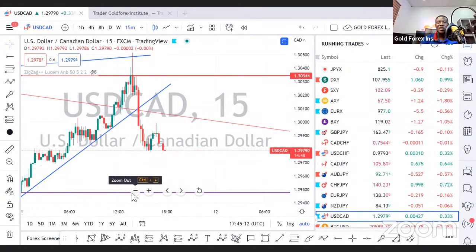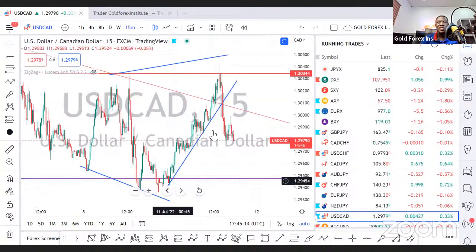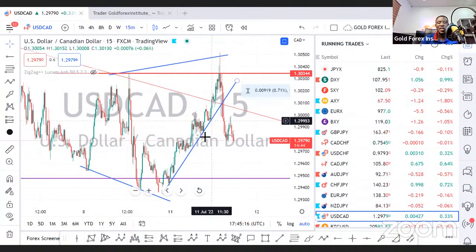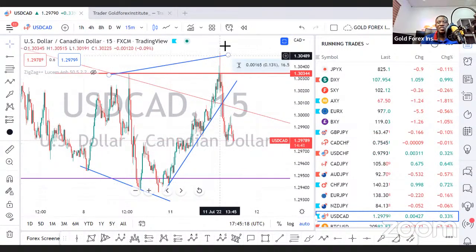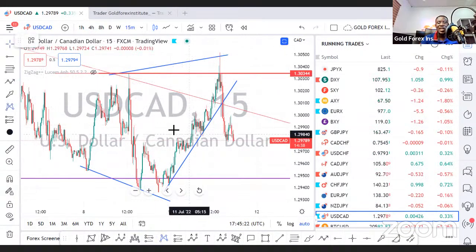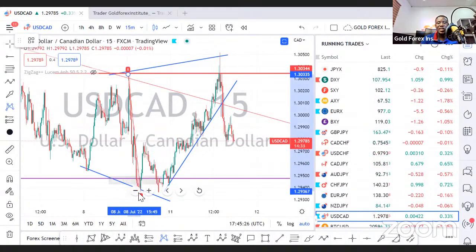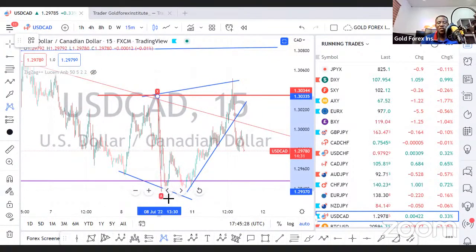The price has already broken through the zone. This was the C leg. So ABC, you see, the C leg ended at 113 and formed a harmonic pattern.